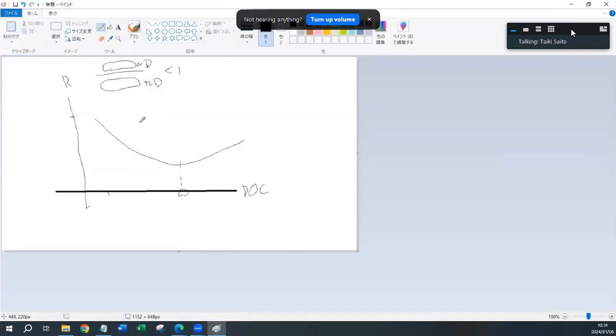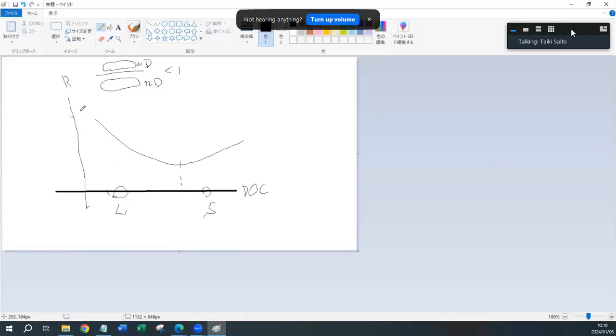I don't know if you can draw this kind of graph, but anyway, you have one degree of coupling for the short beam and one for the long beam. Which one is larger? The short beam is here, and the long beam is here.